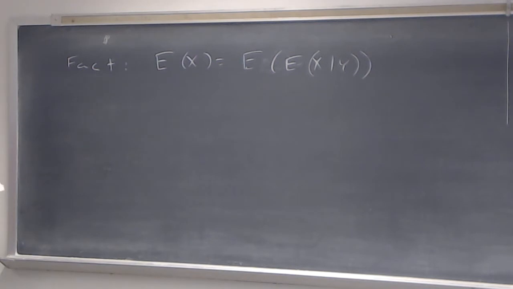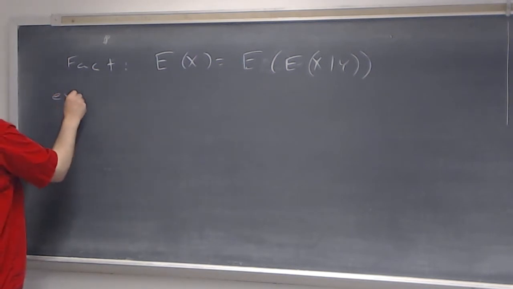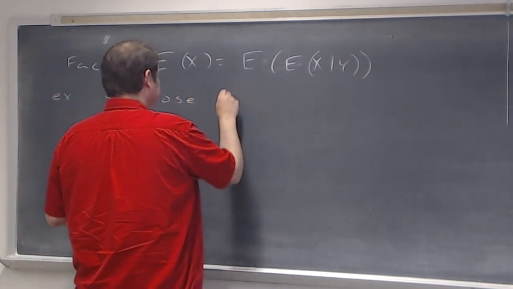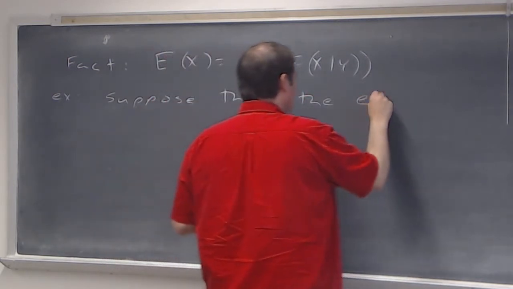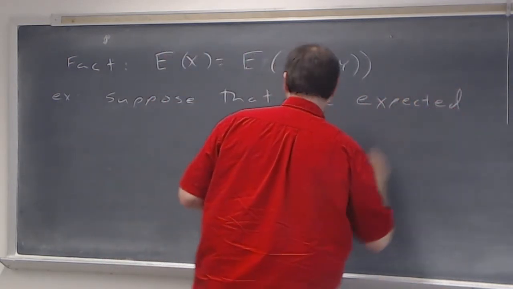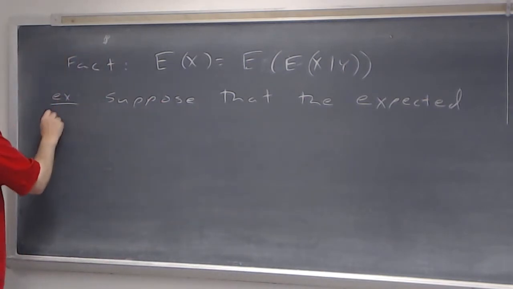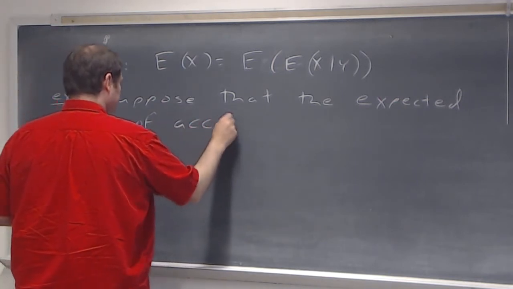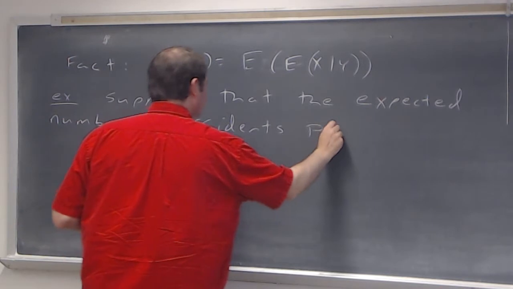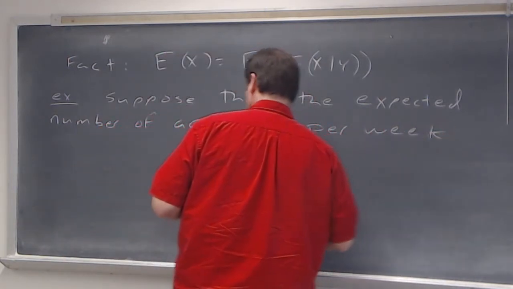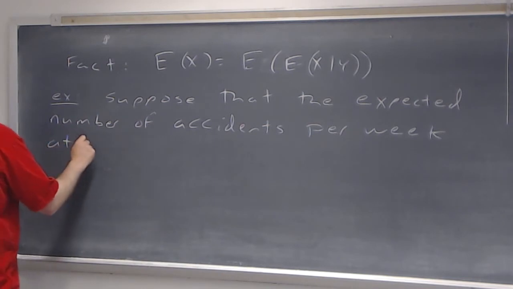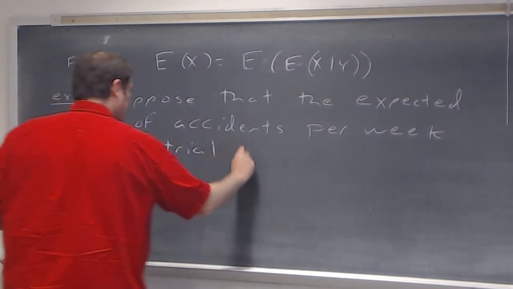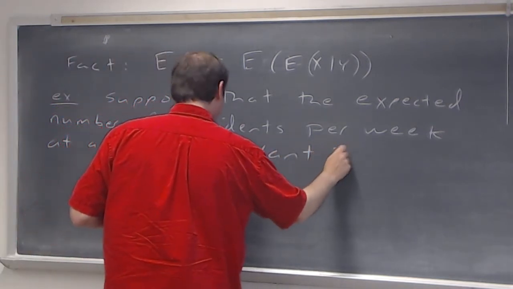And so, as an example, this is something out of our text that says, suppose that the expected number of accidents per week at an industrial plant is 4.